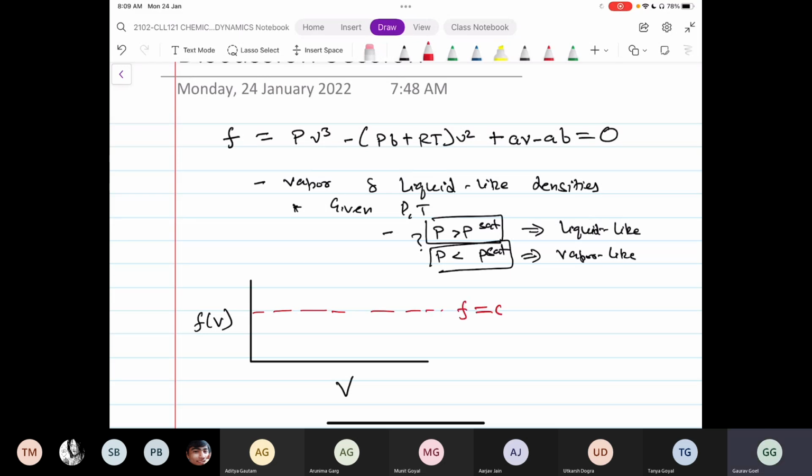Let's say the red denotes the F equal to 0 line. So depending on the pressure and temperature conditions, there are some cases where only one physical root is available, and there are some cases where three physical roots are available. Okay, so for this particular pressure and temperature, three physical roots are available.